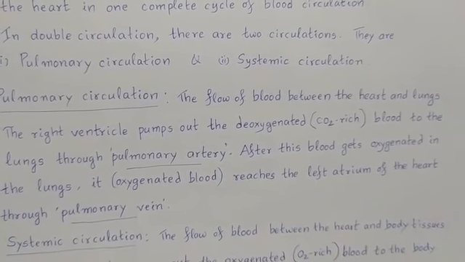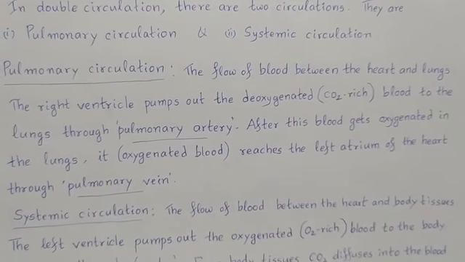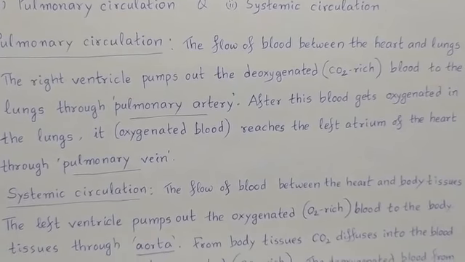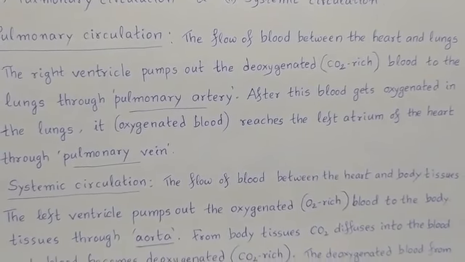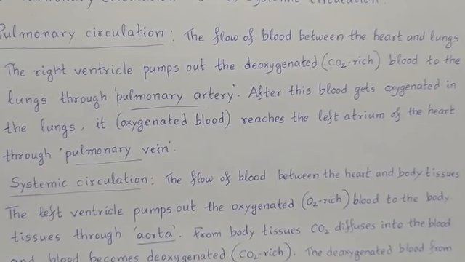And what is systemic circulation? The flow of the blood between the heart and the body tissues is known as systemic circulation.